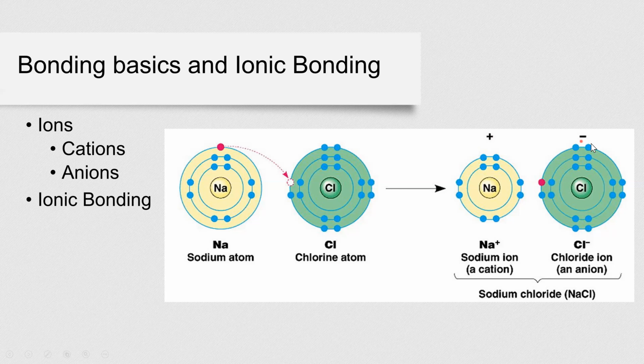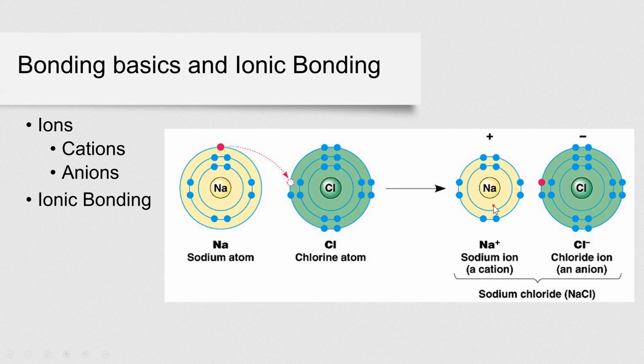And you know, positive and negative charges attract, so they form a bond, a chemical bond. So they stay together, and this is an ionic bond. So this is how table salt is formed, sodium chloride, right?